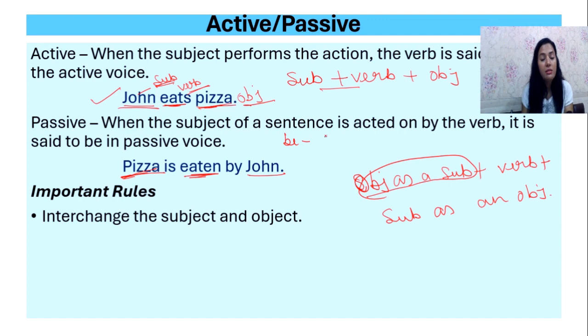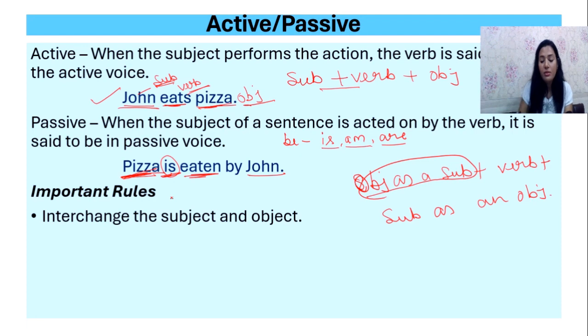And in simple present it is is, am, are. In present tense, we have these three be verbs that we use according to the subject of our sentence. Here with pizza we can write is, because pizza is singular in number, so the verb agrees with pizza: is.